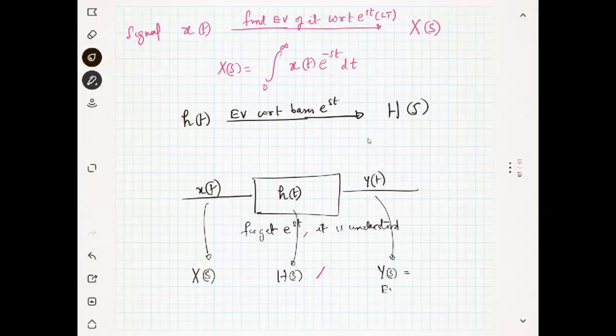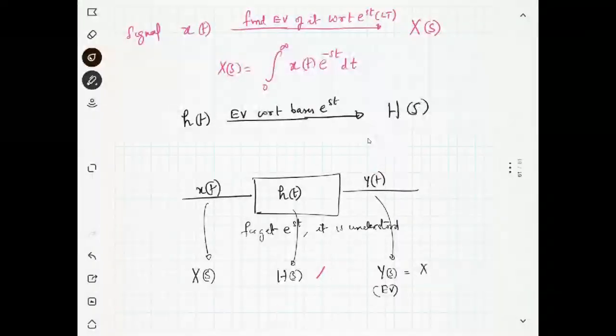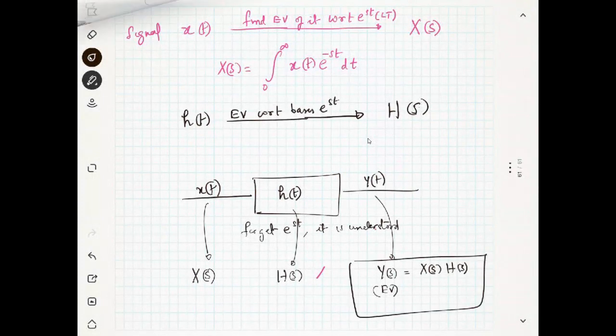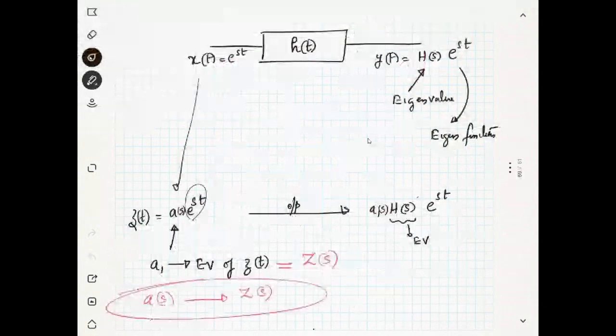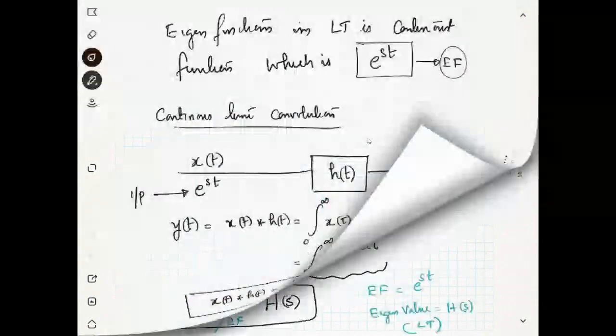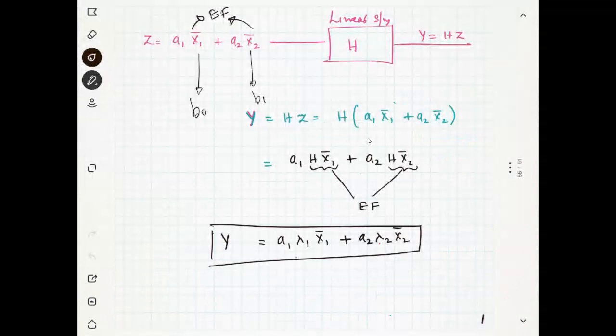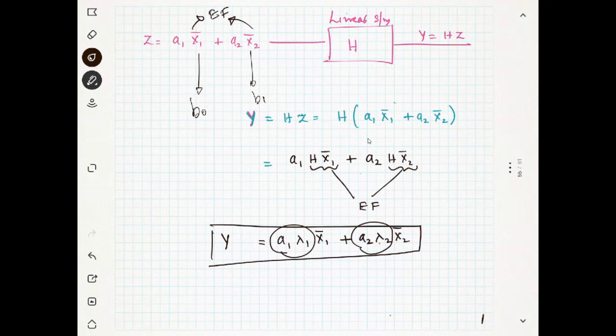This is the eigenvalue of the output. It will be nothing but the multiplication of these two eigenvalues. Yes, this is the same thing you saw in the previous case. In discrete time, I have already told you. You see here, simple multiplication.